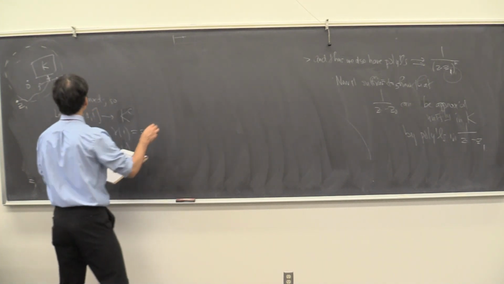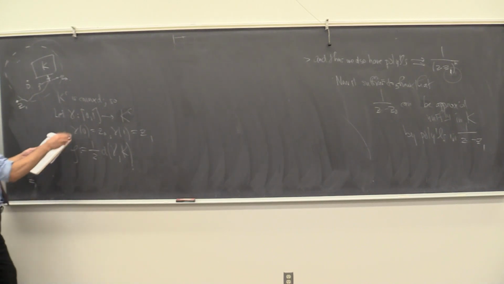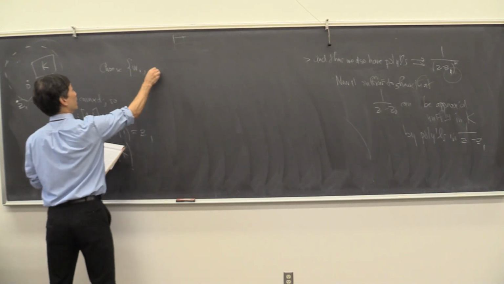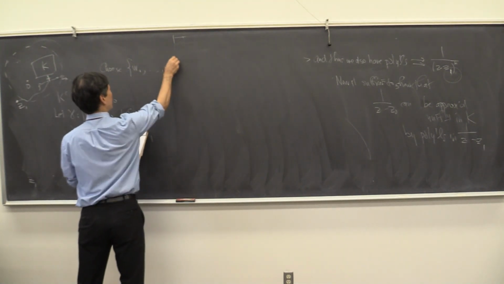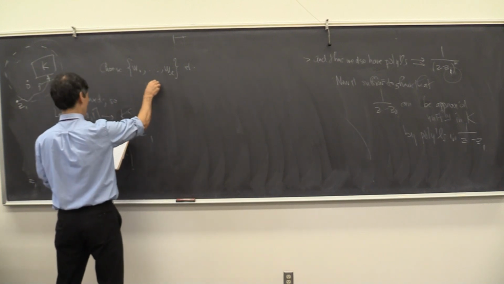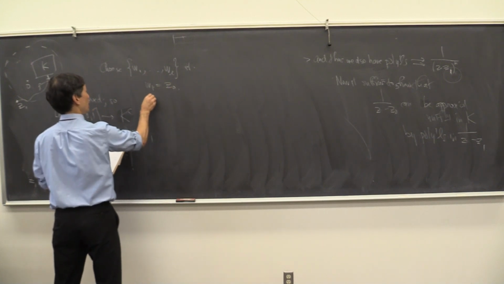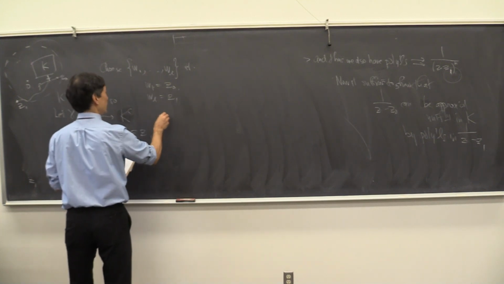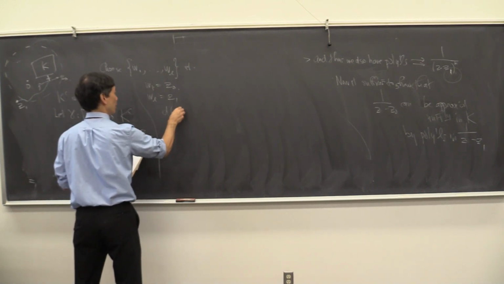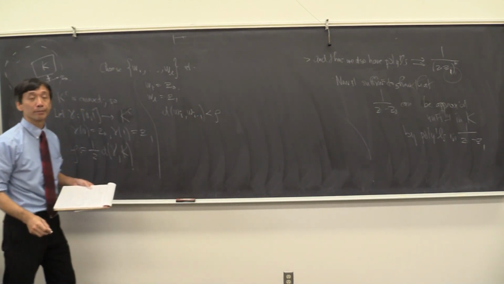Okay. So now this is kind of similar to something we did last time. Choose points omega 1 through omega L such that omega 1 is Z0, omega L is Z1, and the distance between successive points is smaller than rho.